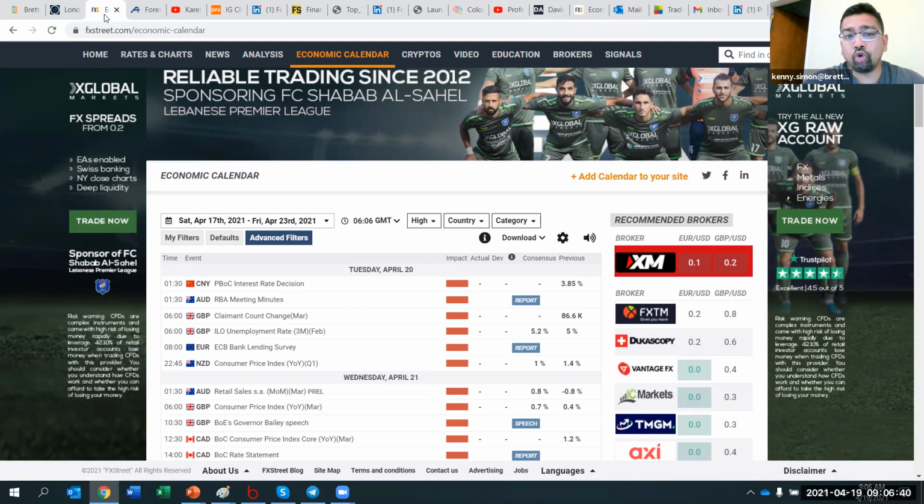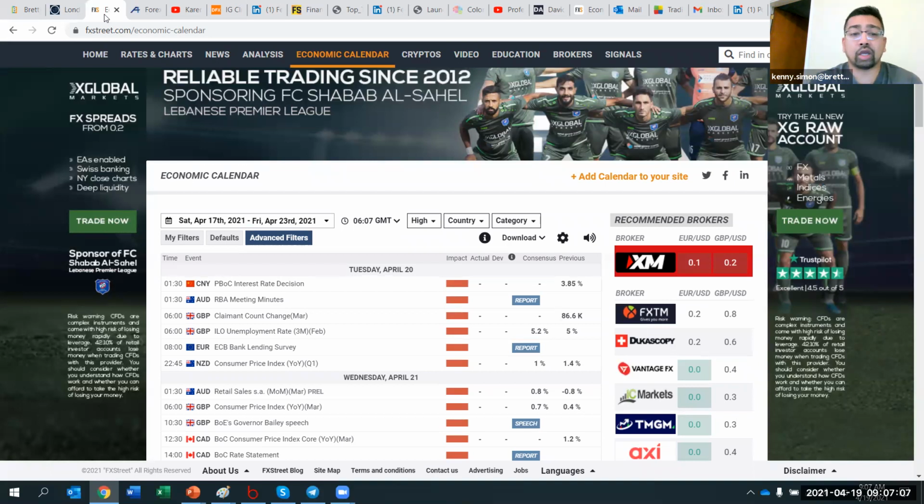We have no high impact news on Monday, today, but starting tomorrow, Tuesday the 20th, we've got a list of risk events, starting with the Chinese interest rate decisions, right down to consumer CPI as well as the unemployment rate from the UK.